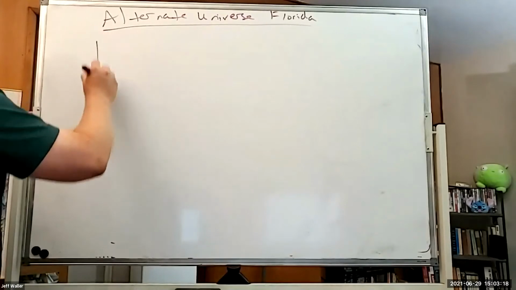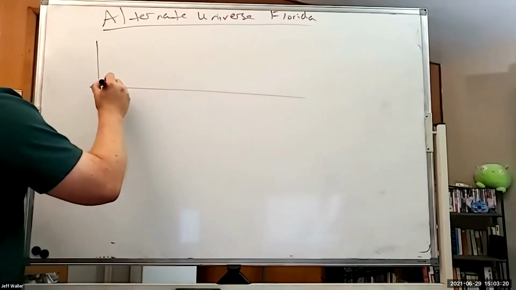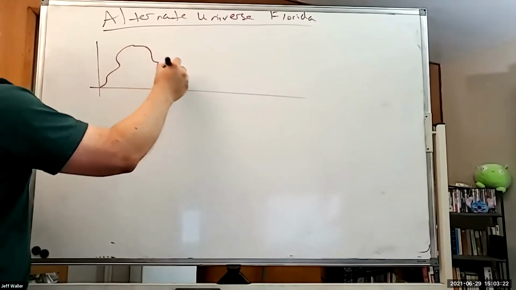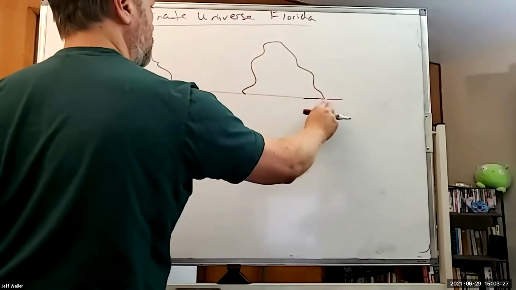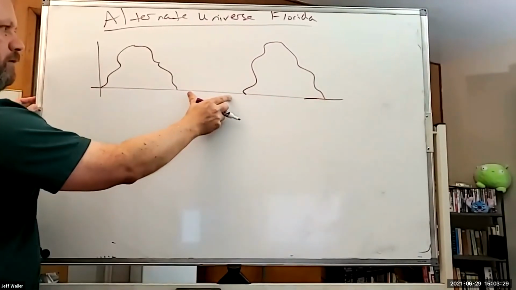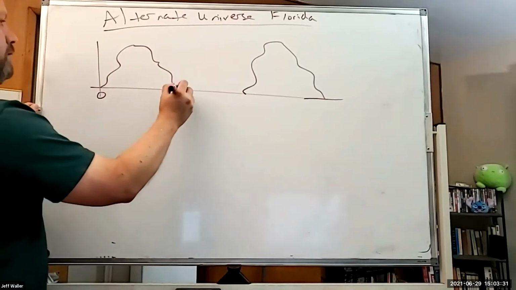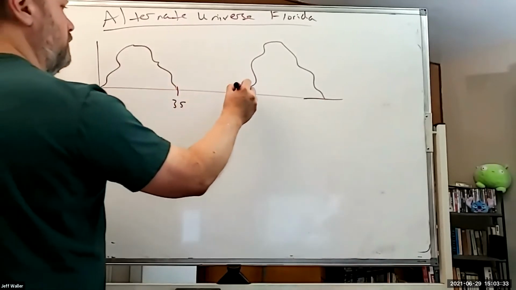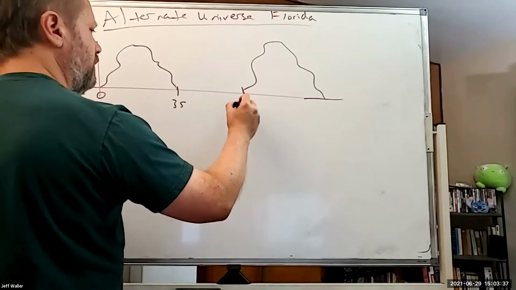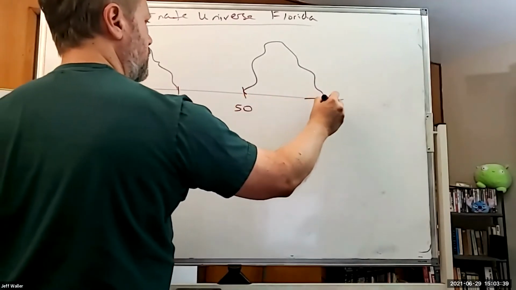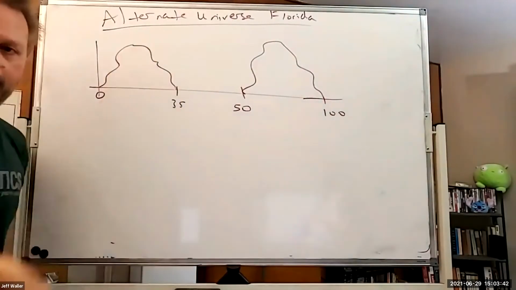So these are ages of people. Let's say this is 0 years, this is 35 years. I don't care too much about my scale. This is 50 years and this is 100 years.